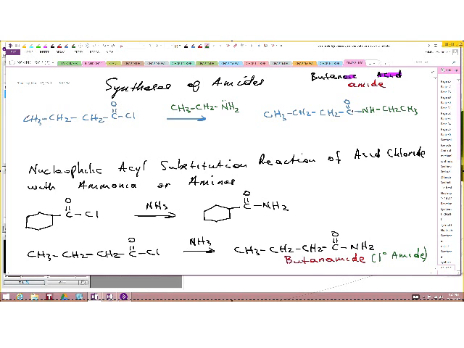Because you have the ethyl group attached to nitrogen, you say N-ethyl, that is, the ethyl is attached to nitrogen, then you give the base name, butanamide, one word. N-ethylbutanamide. So this is a secondary amide.